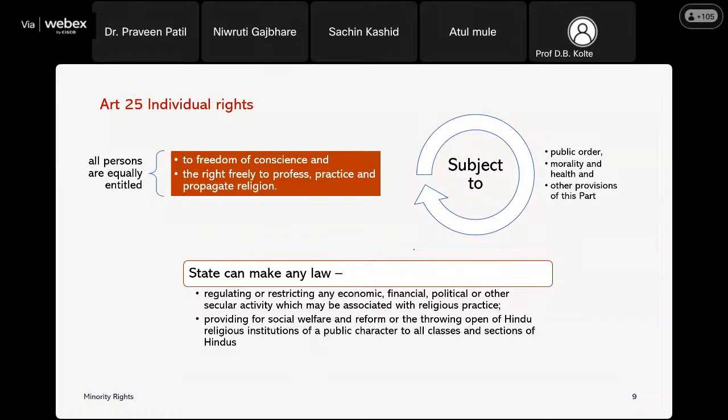And the second one is the right to freely profess, practice, propagate religion. These two rights need a little bit of explanation, because substantial explanation is already known to you. You are covered by Article 25.